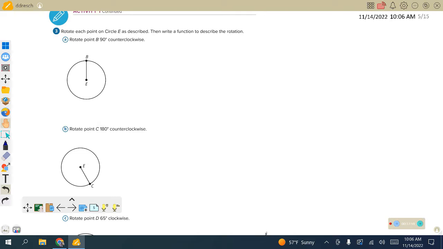You can use your patty paper, but just kind of eyeball that. Where is B prime going to be located? And then off the side of that, write me the rotation rule. Make it look like that rule that we've just been writing on the other side. Use that capital R. Tell me the point of rotation. Tell me the angle of rotation. And then tell me what you actually rotated.